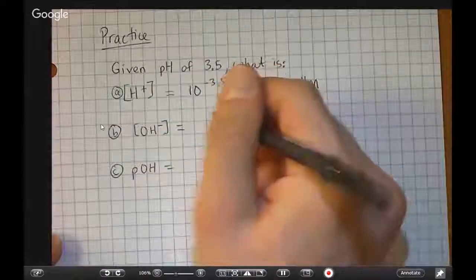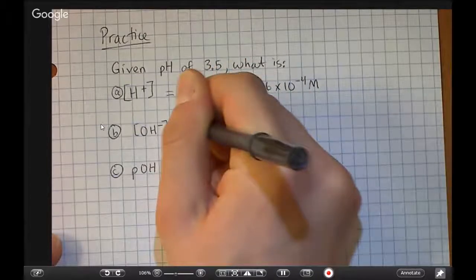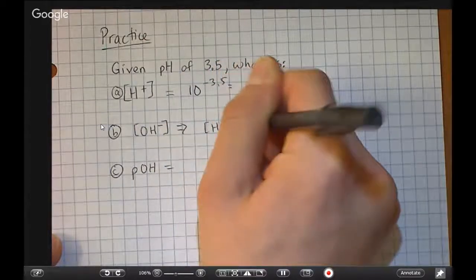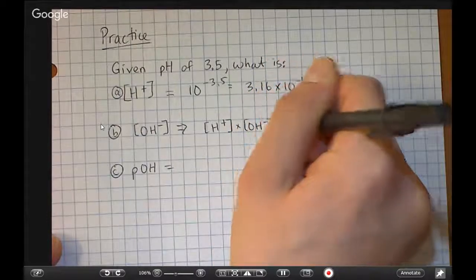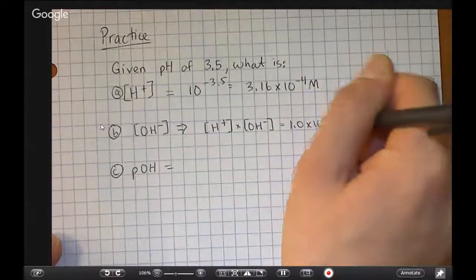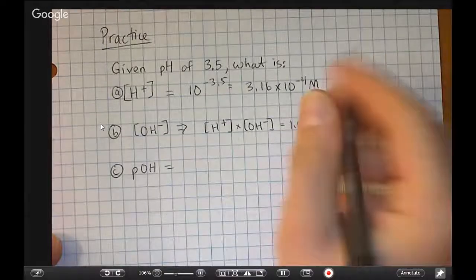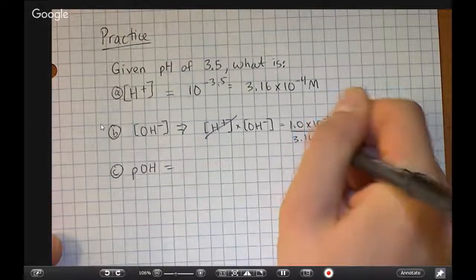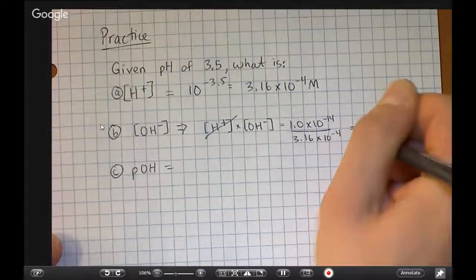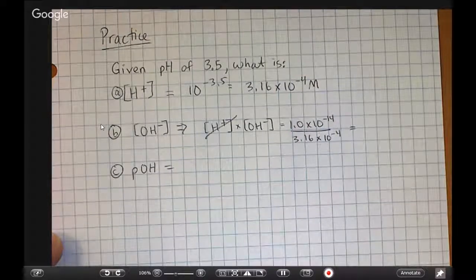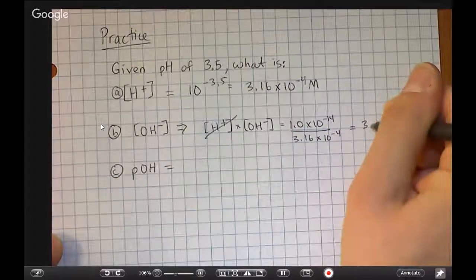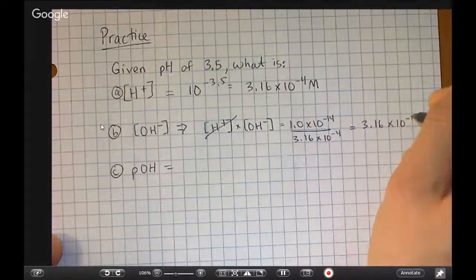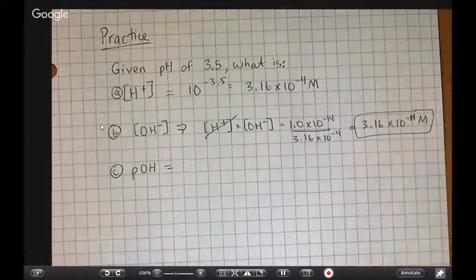For B, some of you went the direction of doing H plus times hydroxide equals 1 times 10 to the minus 14. And if you plugged in H plus, which was from above 3.16 times 10 to the minus 4, what you came out with was 3.16 times 10 to the minus 11. That was for hydroxide concentration.